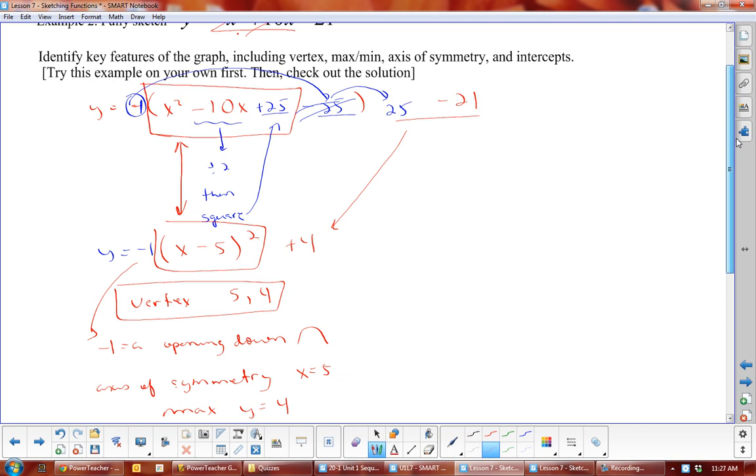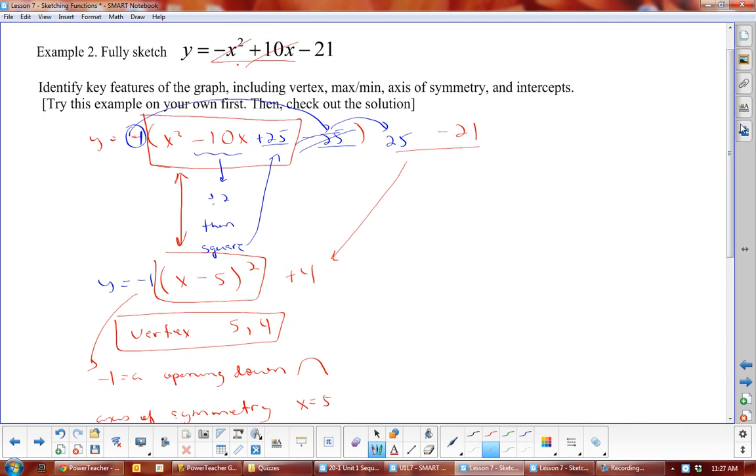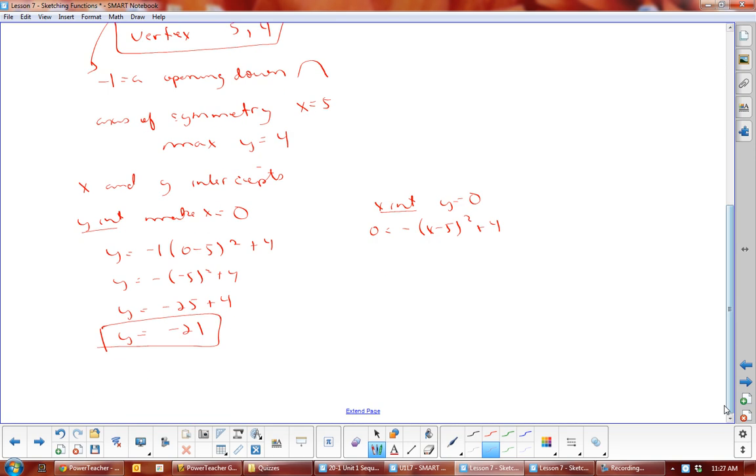You would use the quadratic equation if there was a number in front, because it might not turn out nice. Now this one here, I'm going to get -4 equals negative x minus 5 squared. If I divide that negative out, I will get 4 equals x minus 5 squared.